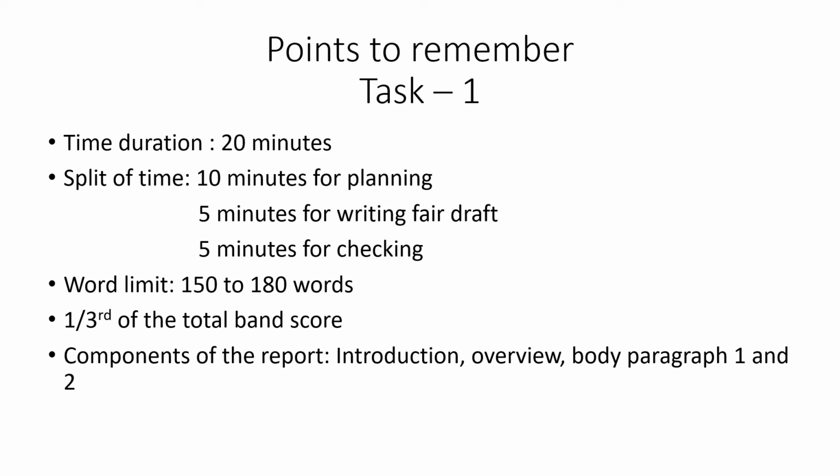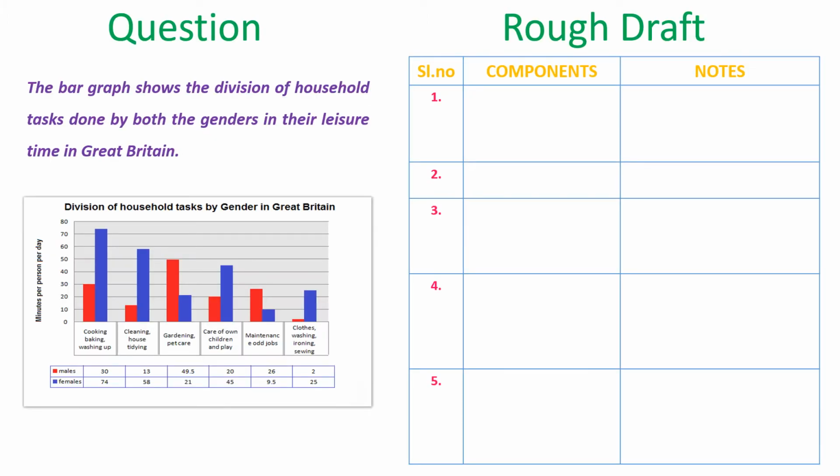Now, let us start discussing the first question. The question goes like this. The bar graph shows the division of household tasks done by both the genders in their leisure time in Great Britain. Now, let us start writing the rough draft.